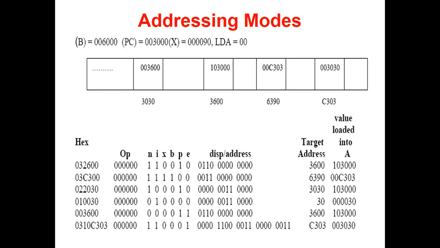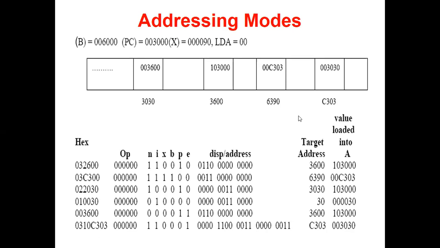It is? Contents in that address. Contents, which is 10300. So that is the value which we are loading. Someone is saying that we are loading 3600, but it is the contents of that one.